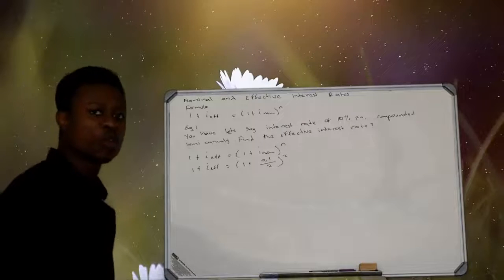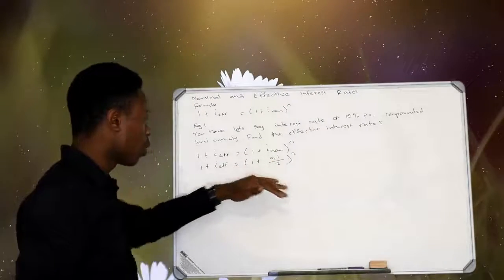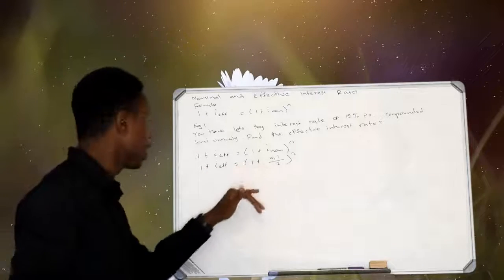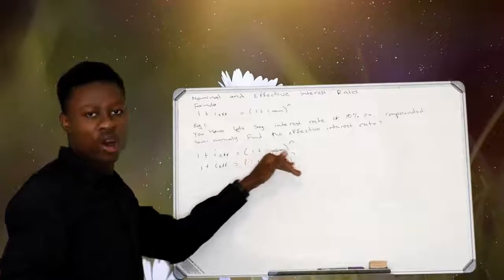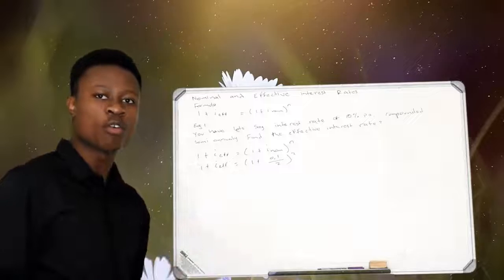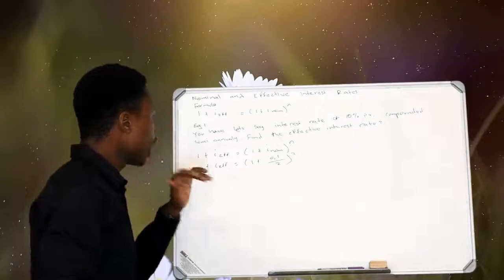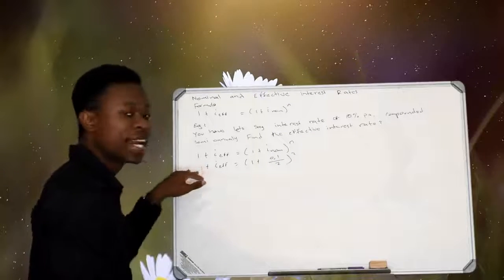Now, this is pretty straightforward. What you could do is solve for what's on this side first. And once you have solved for it, you take the 1 onto the other side and subtract it. But do not round this number off before you subtract the 1, because your answer might be a little off. So I'll take this in the calculator, and then I'll minus the 1.